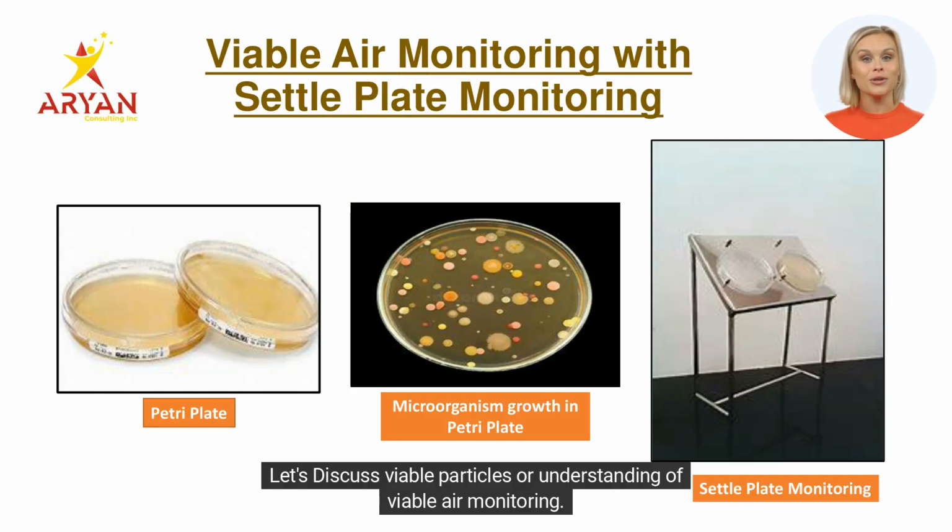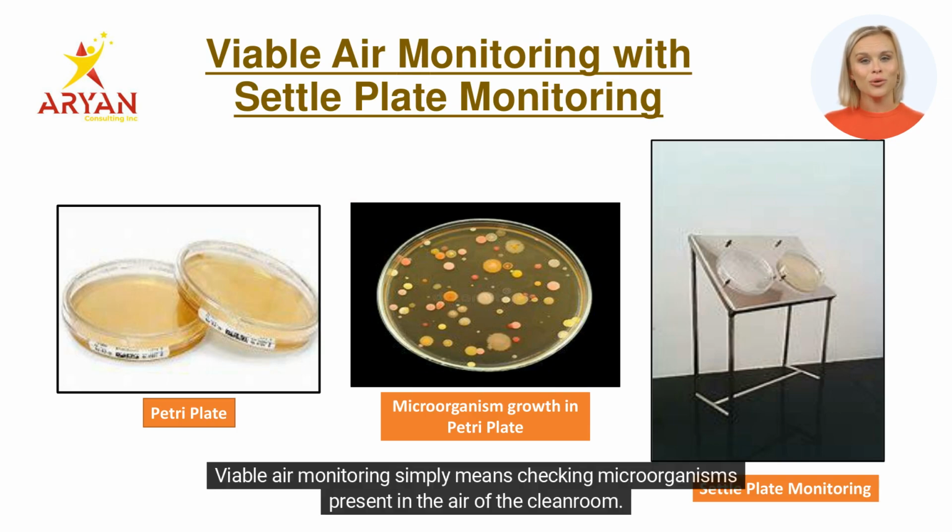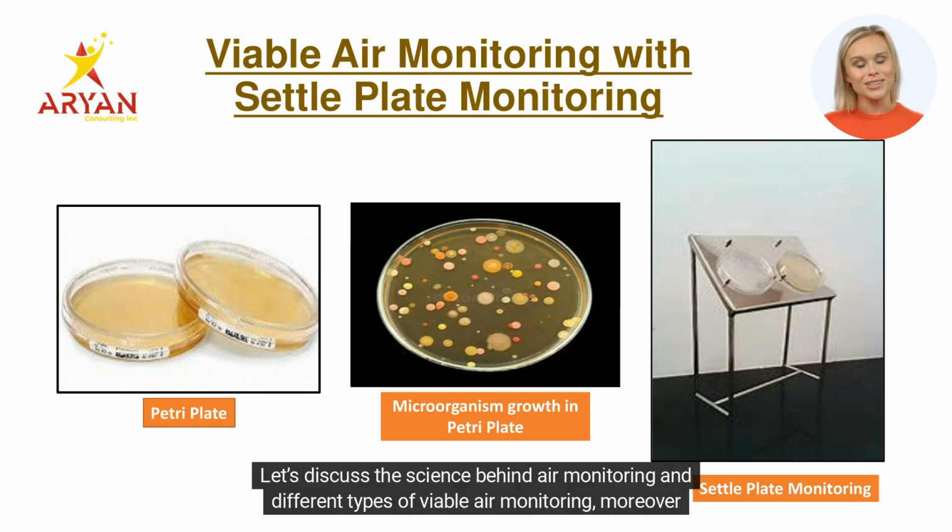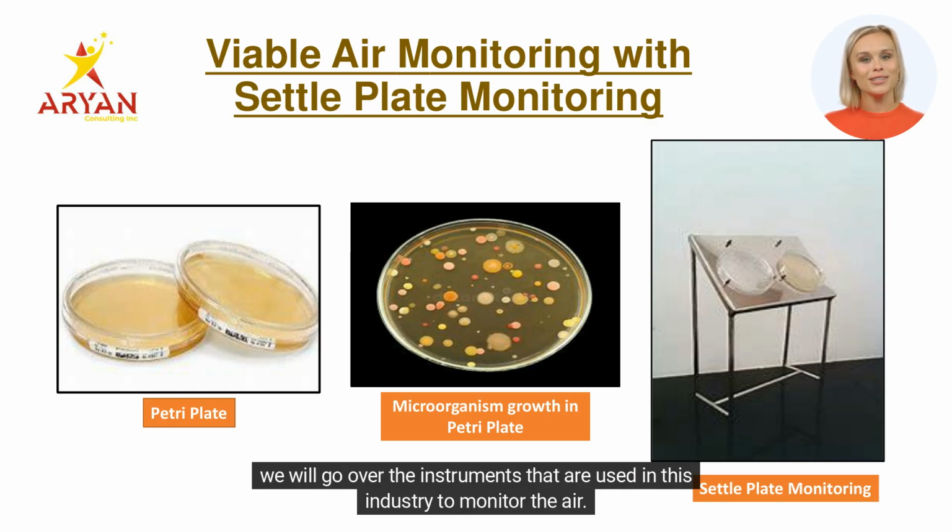Let's discuss viable particles, or understanding of viable air monitoring. Viable air monitoring simply means checking microorganisms present in the air of the cleanroom. Let's discuss the science behind air monitoring and different types of viable air monitoring. Moreover, we will go over the instruments that are used in this industry to monitor the air.